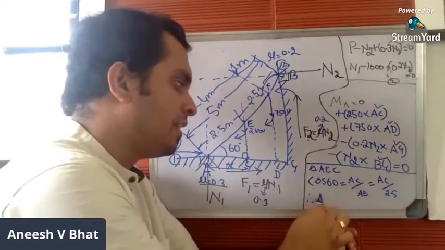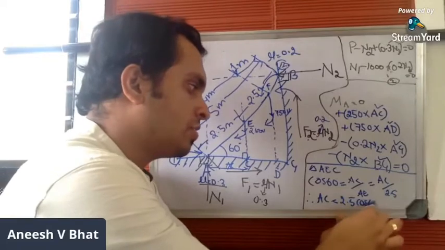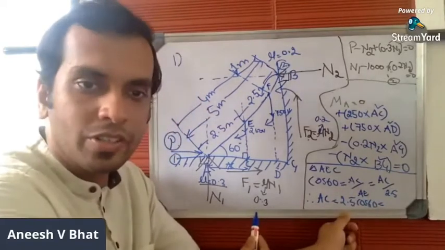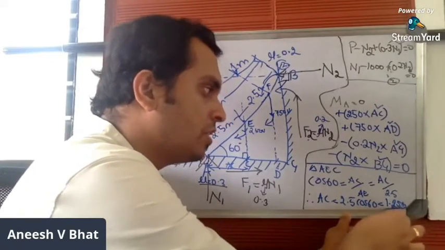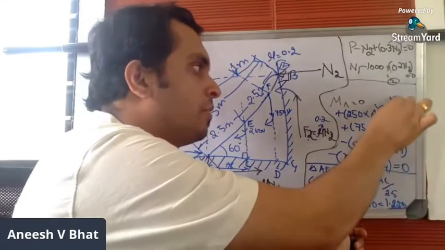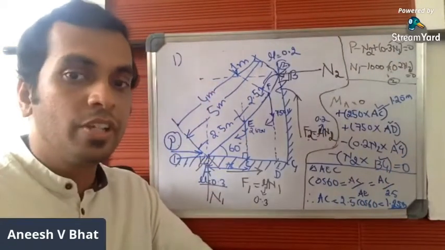So therefore, AC is 2.5 cos 60, which is 1.25 meters. So the perpendicular distance AC is 1.25 meters. So we got the value of AC.